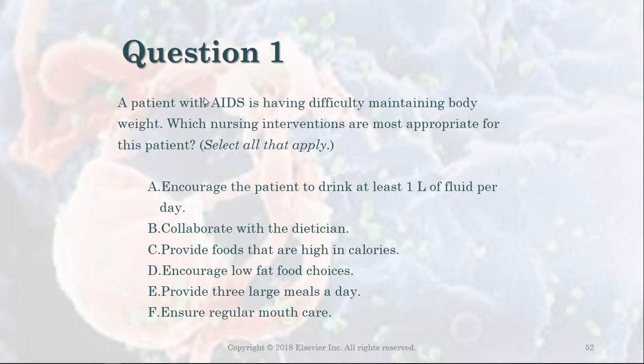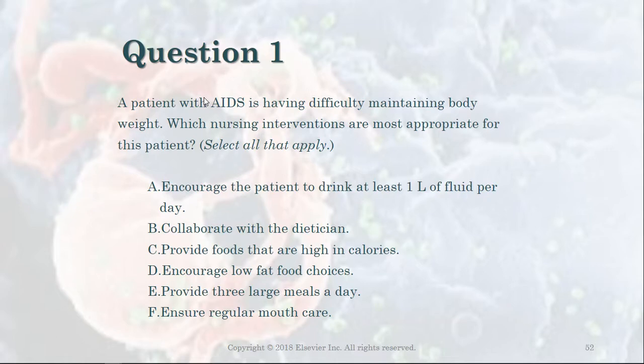We want to make sure that we collaborate with the dietitian. Yes, to make sure that the patient is on a high-calorie, high-protein diet, right? And we want to provide foods that are high-calorie. Yes. Encourage low-fat food choices. Yes. Provide 3 large meals a day.